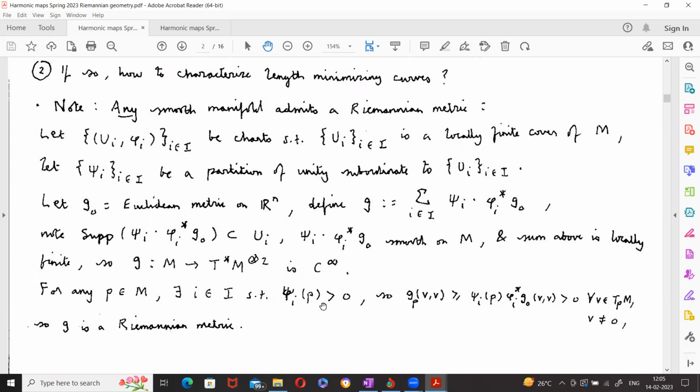Therefore G_P of V, V for any non-zero vector V in T_P M will be greater than or equal to psi i of P times phi i star G naught of V, V. Both of these are positive, so the product is positive, and so G of V, V is positive. Therefore it's an inner product. The point is, when I add up these bilinear functions, they are positive semi-definite, and at each point at least one of them is strictly positive definite. Therefore the sum will be positive definite. Is it clear?